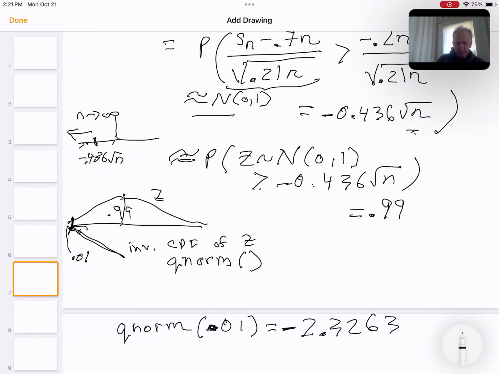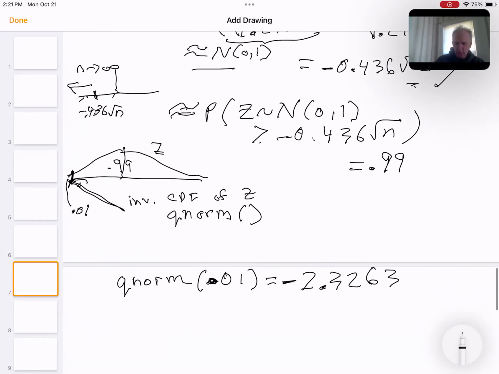I'm getting befuddled now, because the probability that a standard normal is less than this is 0.01. So this is what I want, because then I know it's 0.99 to the right of this.